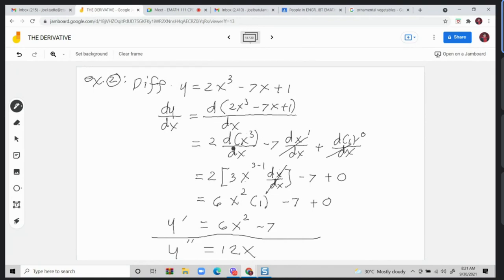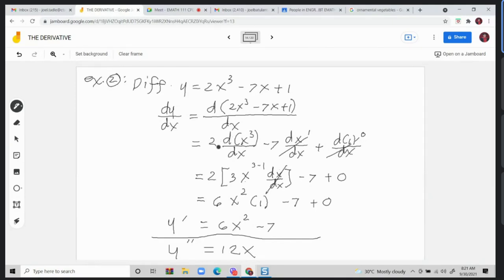Then apply the derivative of a sum formula. We distribute the derivative symbol to the parentheses, and the constant 2 we move out. This is formula number 1 from before: the constant moves out, then the derivative of the variable.